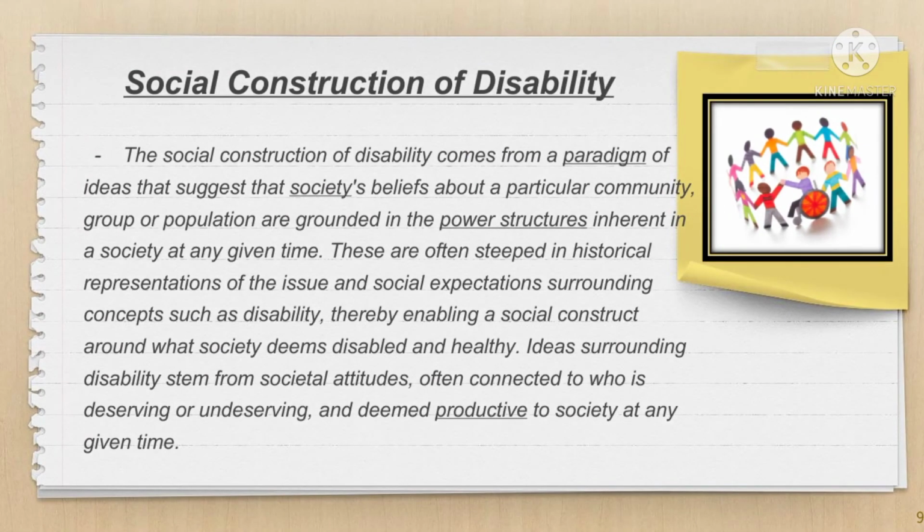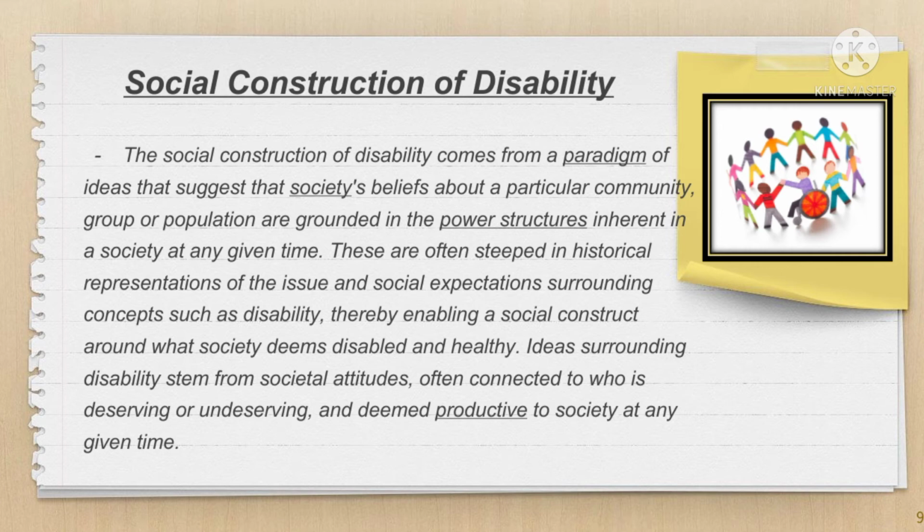Now let's proceed on the social construction of disability. The social construction of disability comes from a paradigm of ideas that suggest that society's beliefs about a particular community, group, or population are grounded in the power structures inherent in a society at any given time.